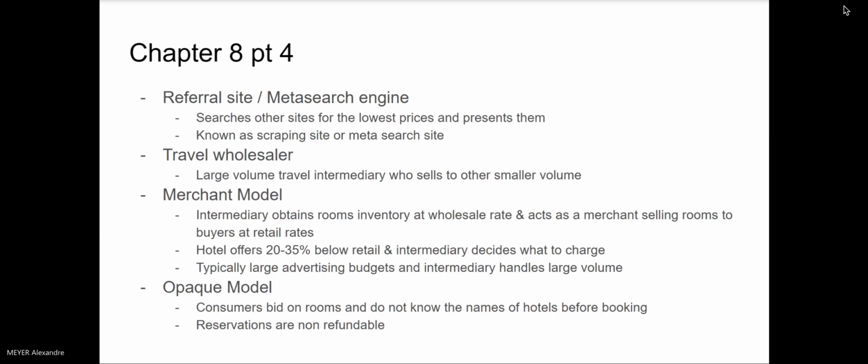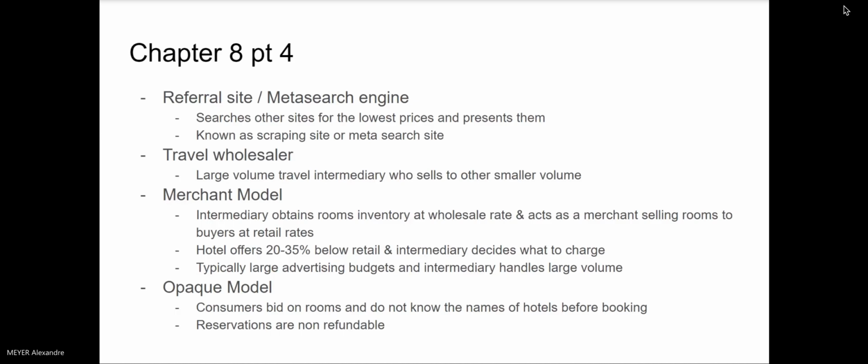So say Expedia goes to a Pullman hotel and says, I want to buy 10 rooms at below retail rate. The intermediary can decide what to charge. They purchase the room for less than what it's going to be sold for, and they decide the rate. The intermediary generally handles very high volume, so it's generally applicable for large hotels.